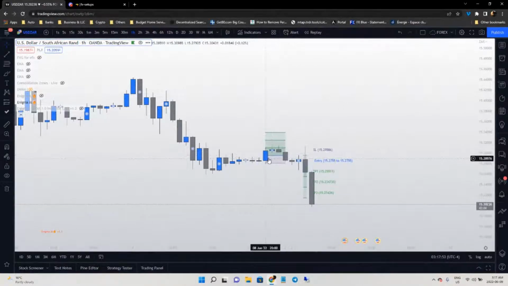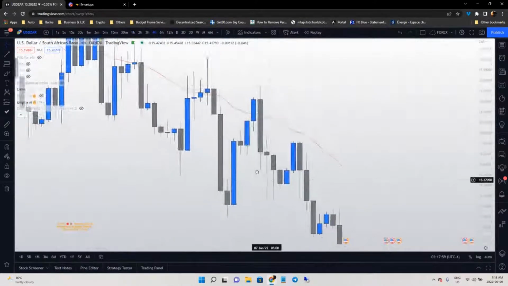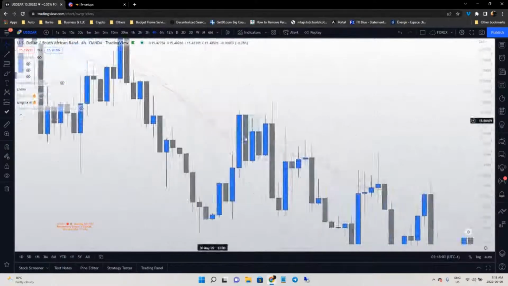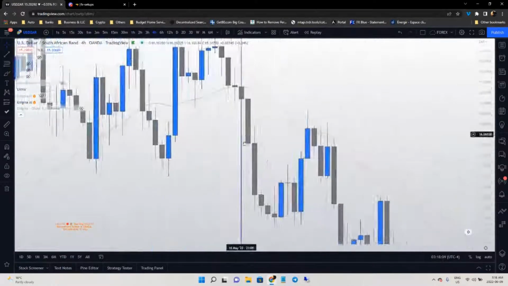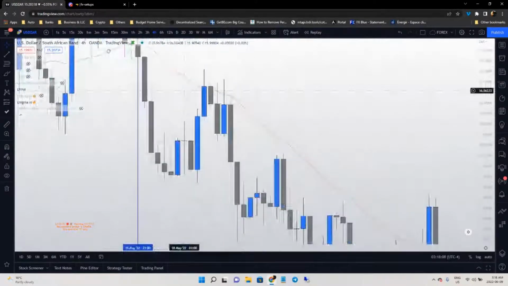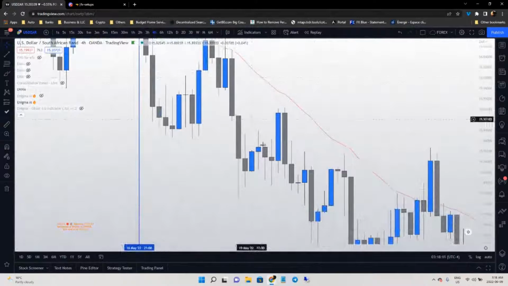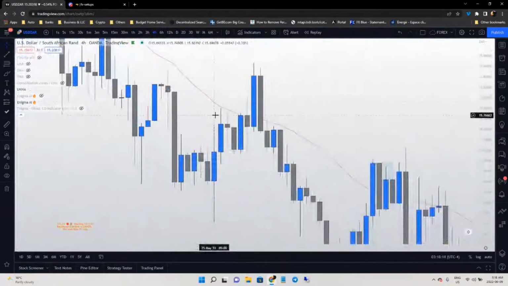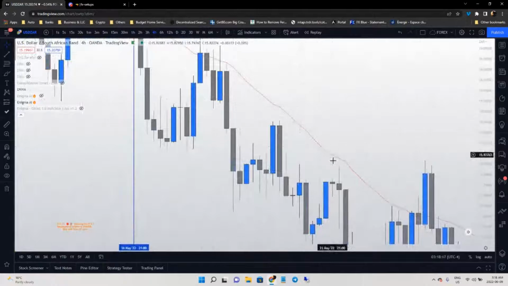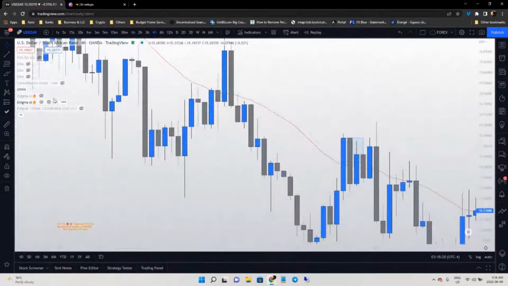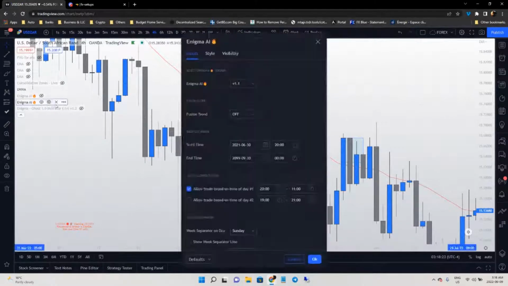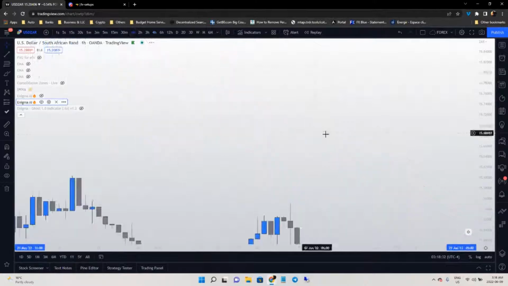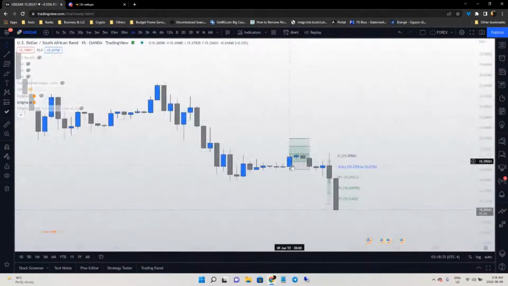But since we're in a downtrend, if you look at the A4, we've been in a downtrend since mid-May, so any buy setup wouldn't make sense to take. I would only look for sell setups here. So I'm going to go back and put Fusion on. That's why I wouldn't take this trade.